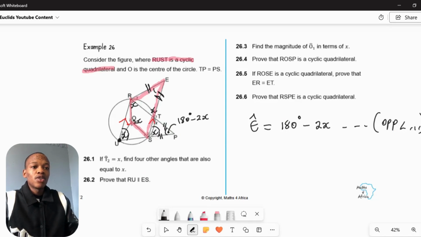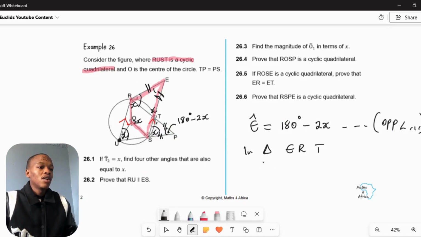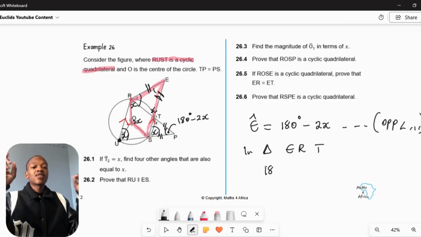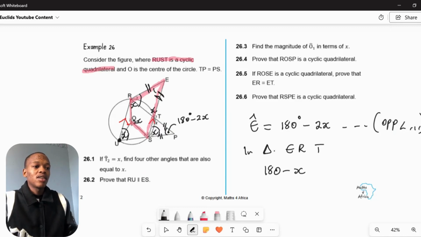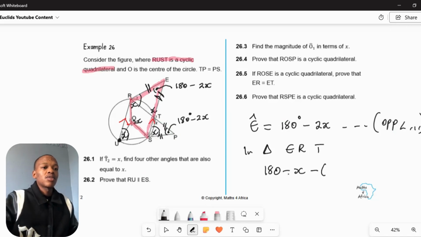Remember, we're trying to prove that this one is equivalent to x. So how do we prove that? Now in triangle ERT, in order to work out angle R2, I'm going to work out 180, because the sum of interior angles of a triangle is 180, minus x, this one, minus x, and then minus the 180 minus 2x that we have just worked out up there.